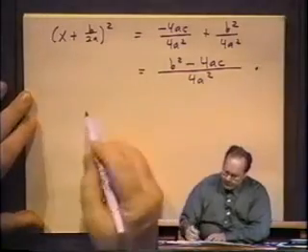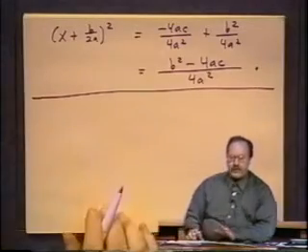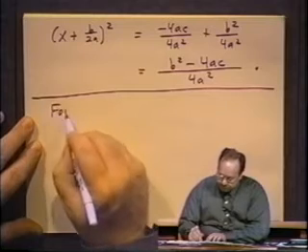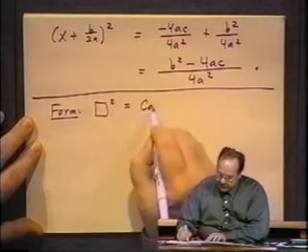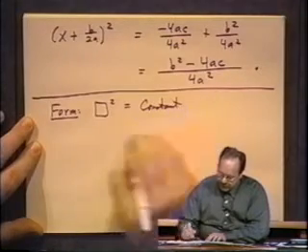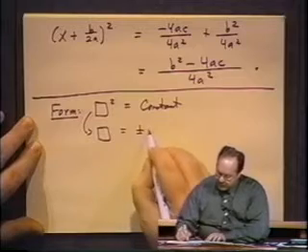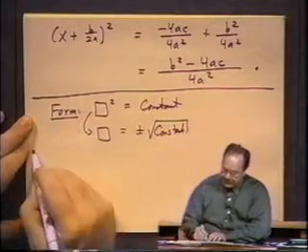All right. Well, before I go any further, let me recognize once again the form that I had. I said I would get to this. The form is box squared equal a constant. And so the result is box equals plus or minus the square root of that constant.